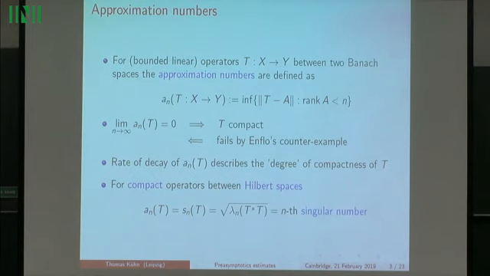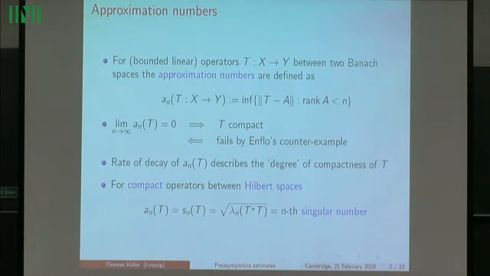The nth approximation number is the best approximation of the given operator T by an operator of rank less than n. So if these approximation numbers tend to 0, then T is compact, and in strange spaces, the converse fails. This is Enflo's counterexample.